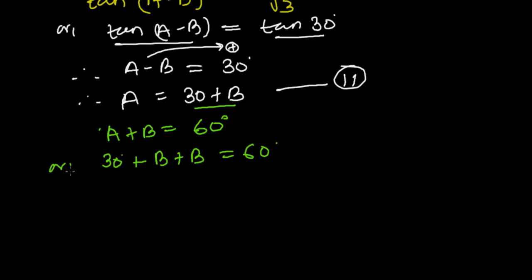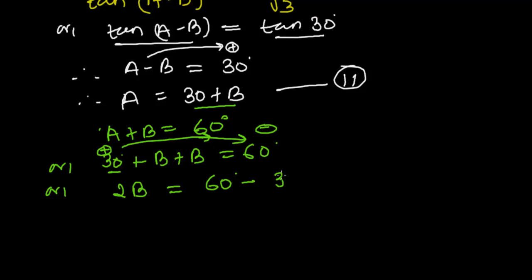So b + b will be 2b, and I'm taking this plus 30 to the other side; since it is in plus form here, it will be negative there. So 2b is equal to 60 minus 30, that is, exactly 30 degrees.